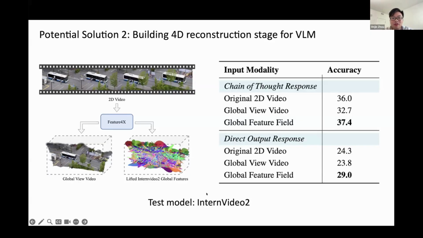We cannot build this stage inside; this is not a feed-forward reconstruction stage, it is just a per-scene optimization. So in conclusion, this direction towards the 4D reasoning ability of VLMs is still an open question in our research community.